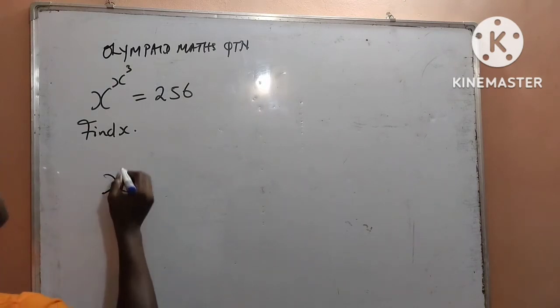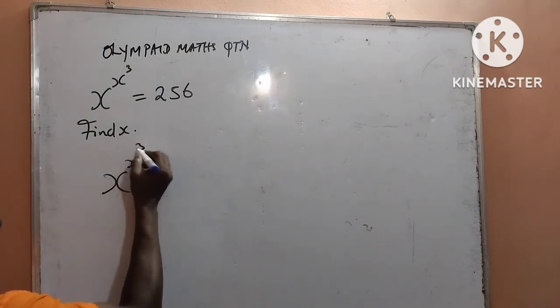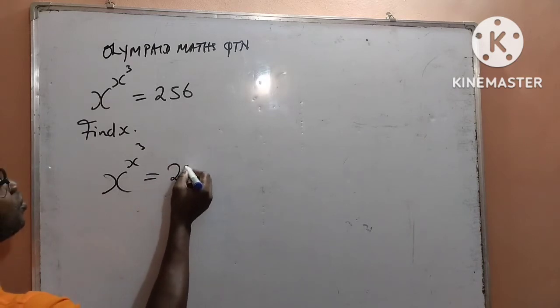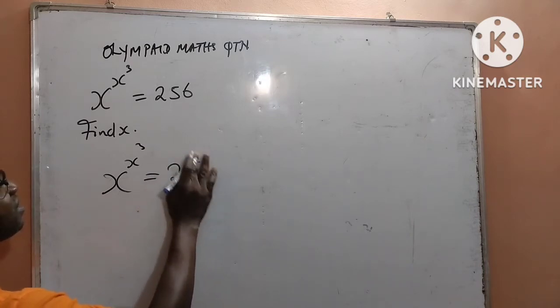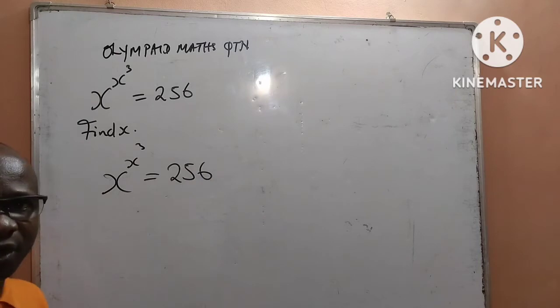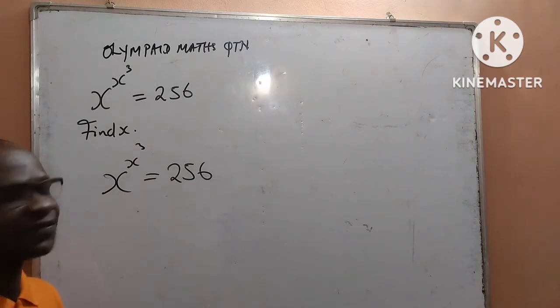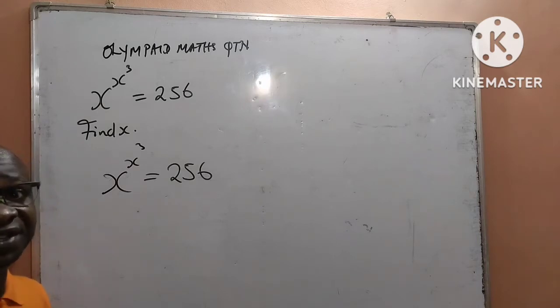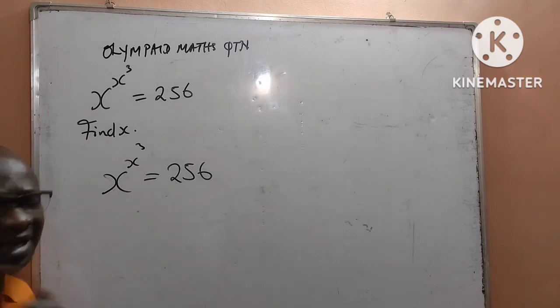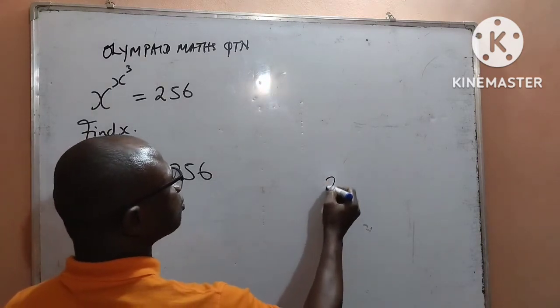But this question, x to the power of x to the power of 3 equal to 256. First and foremost, I want to put 256 in index form. In other words, let me put it as a power function, and that is going to be base 2.